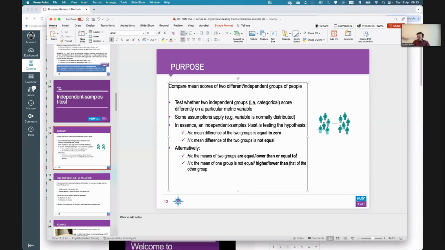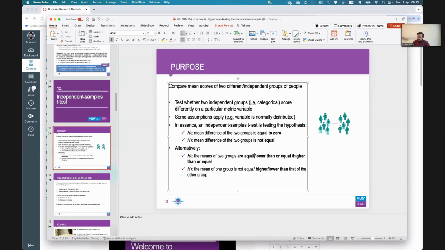Or if this is lower than, then this should be higher than or equal to. Yeah, I mean, you cannot formulate it really like this in this case. Okay, let me formulate this offline and update it again.